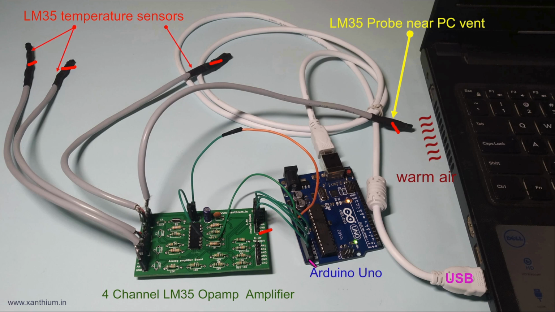And then it is sent to the analog input of the Arduino UNO. The pin numbers are A0 to A3, 4 analog temperature sensor analog channels. And the Arduino processes the signals and it will generate various temperature values, which are then sent to the PC using the USB port.